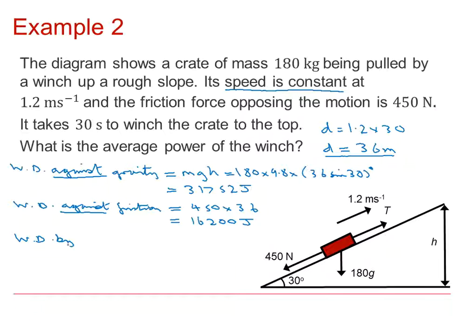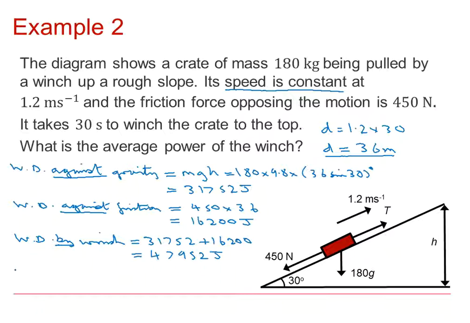The winch had to overcome gravity and it had to overcome friction. So the total work done by the winch is 31,752 plus 16,200. So the winch had to do 47,952 joules of work.